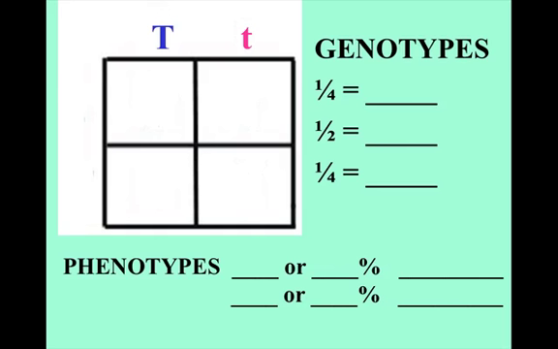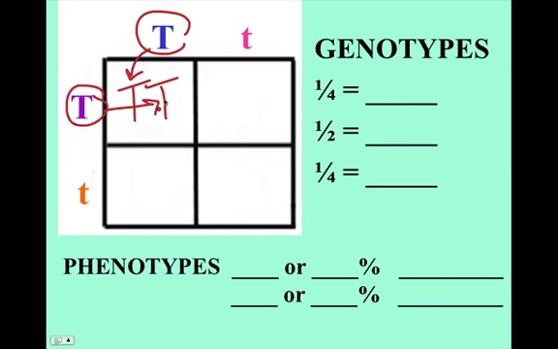Remember, we're crossing two hybrid tall parents. Big T and little t go down the side. Now, as we're filling in our Punnett square, big T, remember this one comes down, this one goes over. Here, we're going to put big T, little t. Always put the dominant one first, big T, little t, little t, little t.